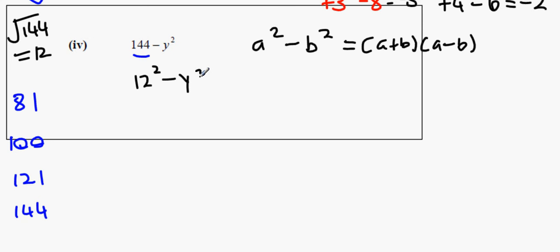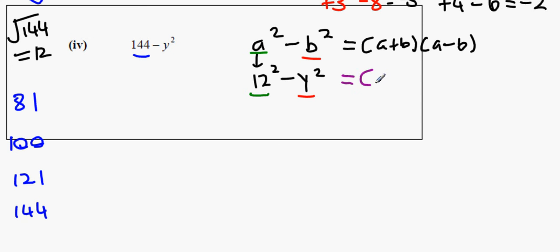Okay, so what we can do next is compare this to a and b. So a is going to be 12, and b is going to be y. So all we have to do now is put the answer in purple. It's going to be 12 plus y and 12 minus y.